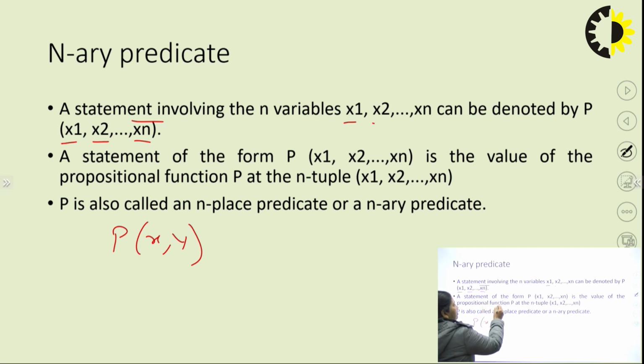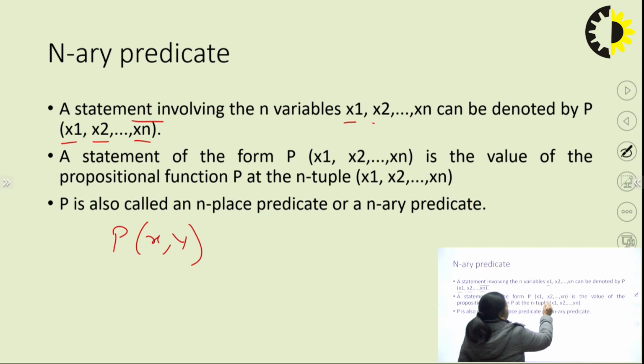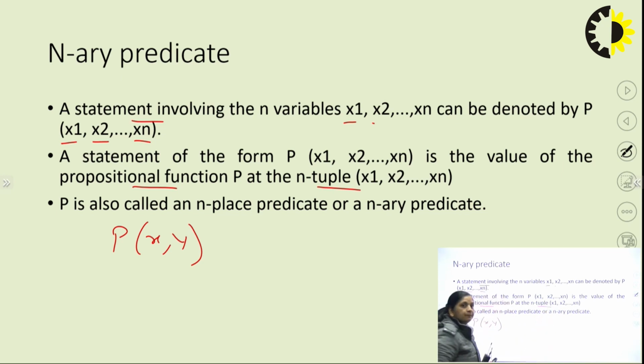A statement of the form P(x1, x2, ..., xn) is the value of the propositional function P at the n-tuple. I put the values of x1, x2, ..., xn and according to that it becomes a proposition. Whatever predicate is given will be checked based on the values of x1, x2, ..., xn. So we can have any number of variables in the predicate.